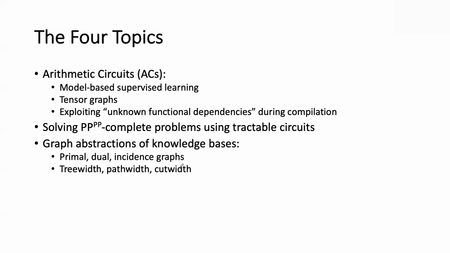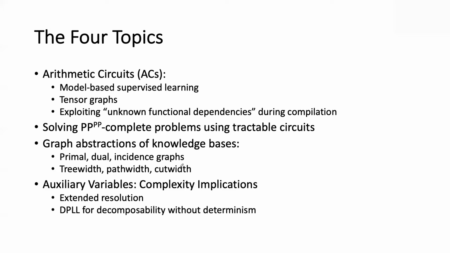And the final topic I want to talk about is this notion of auxiliary variables. This is a very important technique from both a practical and theoretical point of view. And roughly, this is when you take your knowledge base and before you operate on it, you augment it by adding auxiliary variables that were not part of the input.